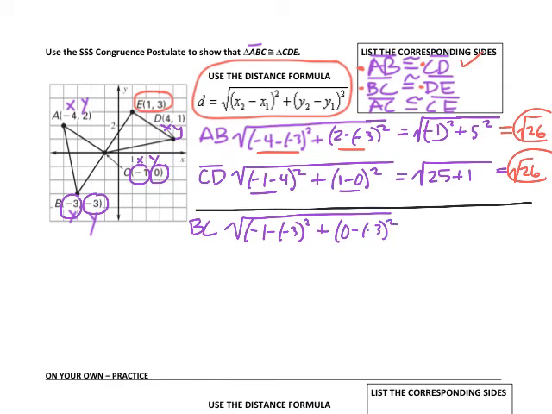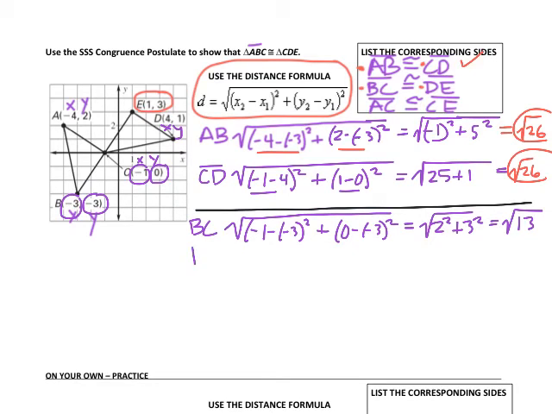We have to be really careful to get our negative signs where they should be and where they should not be, and use them correctly. And that's going to be 2 squared plus 3 squared, and that's going to be a total of the square root of 13. 4 plus 9 is 13.